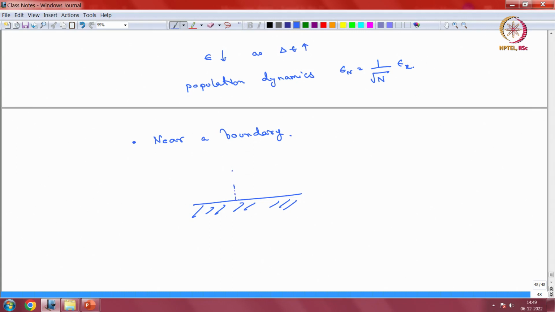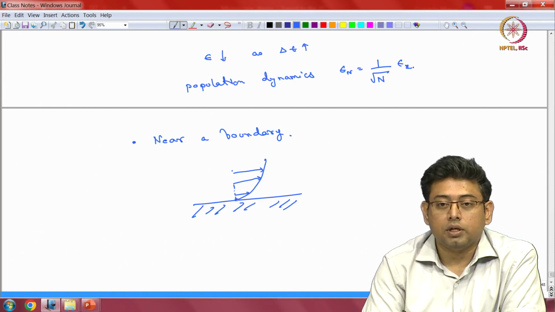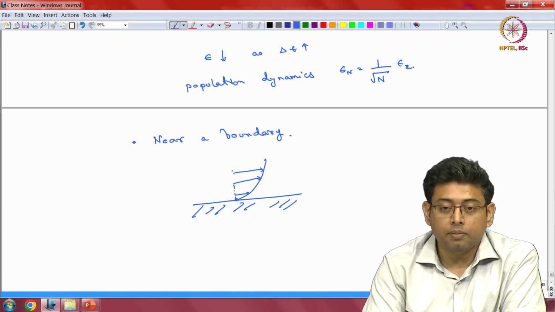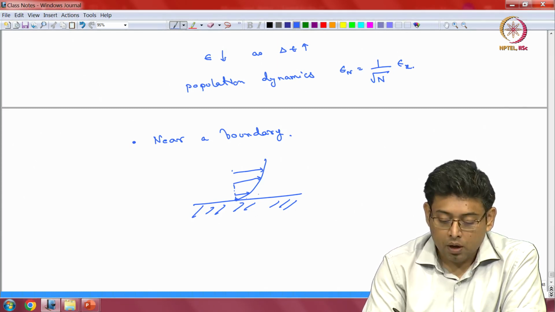I hope you probably know of the very famous no slip condition, which means that the particles right next to a wall have zero velocity, or the velocity of the wall. So the relative velocity between the fluid particle right at the boundary and the wall is 0.